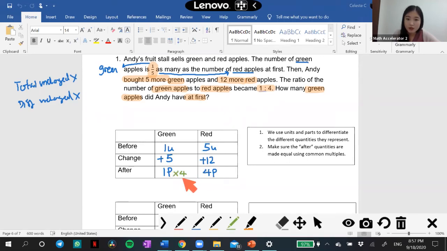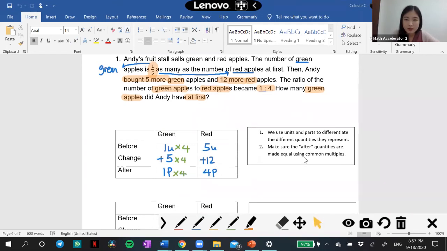But if I times 4 here, this is for the green, right? We have to times 4 throughout. So what's next?